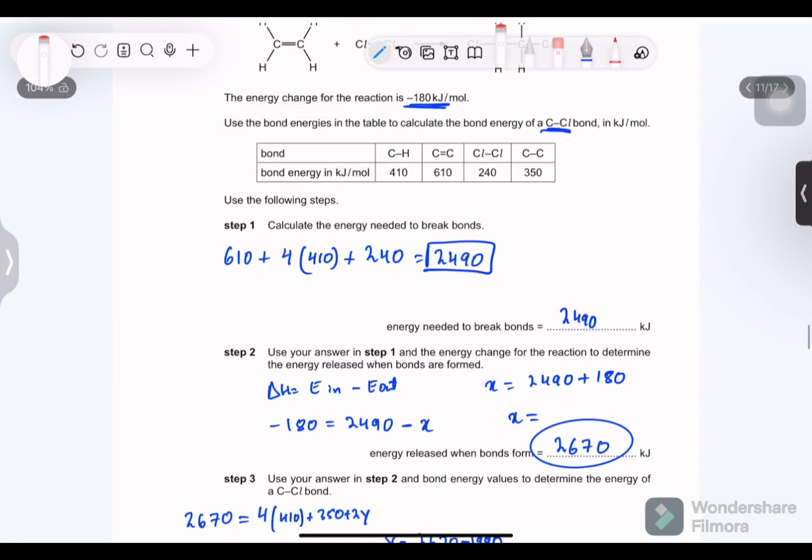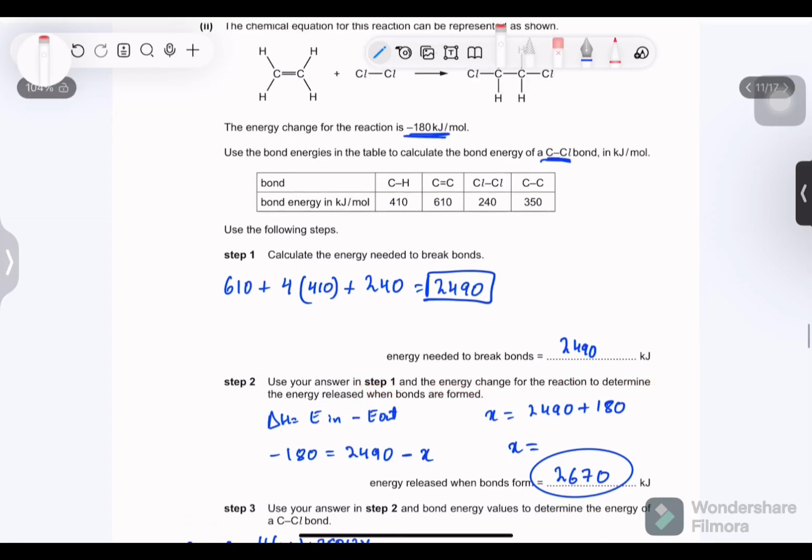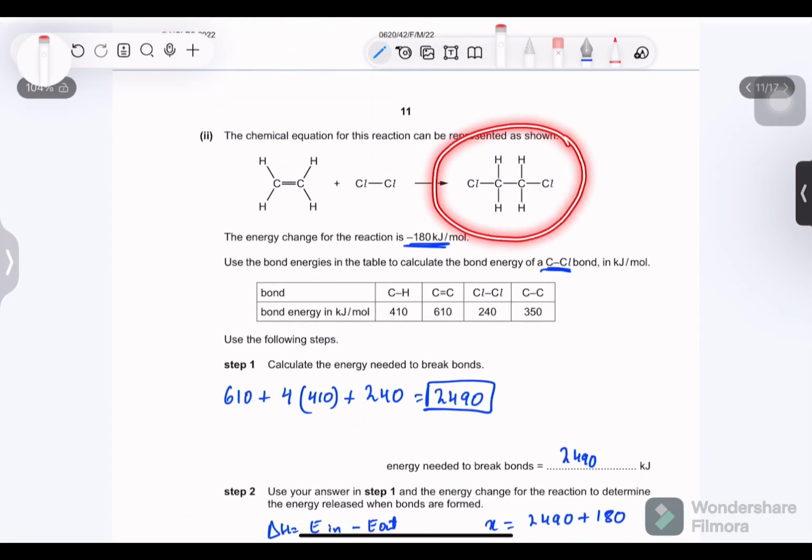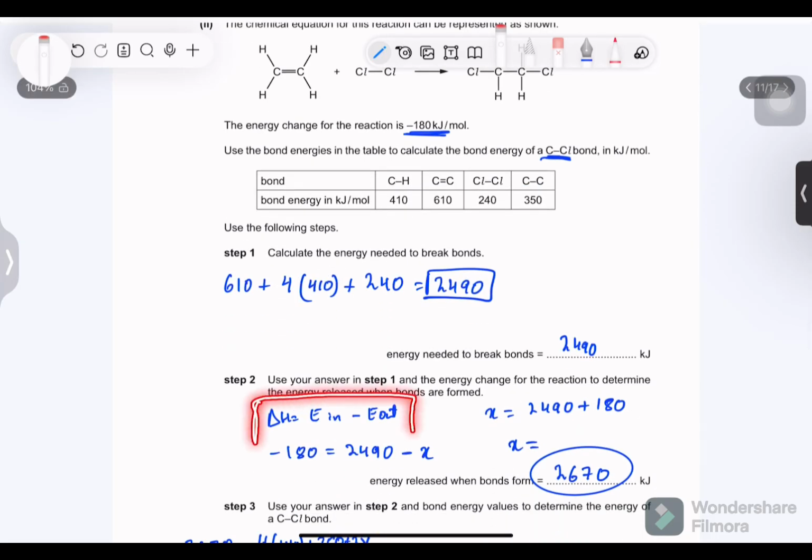Now use your answer in step one and the energy change for the reaction to determine the energy released when bonds are formed. So we have to find out the total energy released on this side. For that, we wrote the equation: the enthalpy change is energy in minus energy out, and we formed an equation with variable X and solved it.